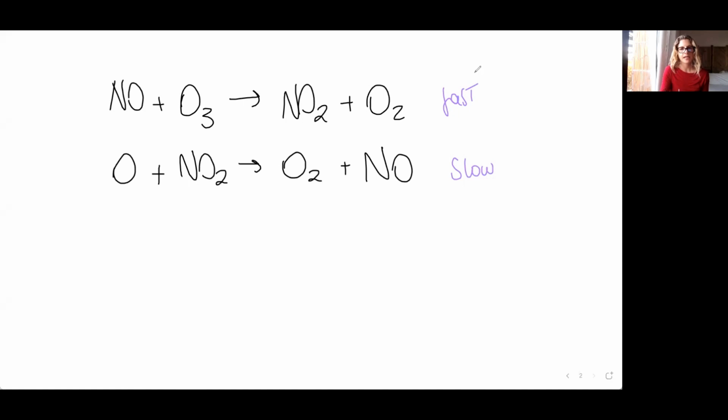Okay. Take another example where we have those two reactions, and we know that this second one is the slow step and this one is the fast. We are required to write the overall equation as well as the rate equation.